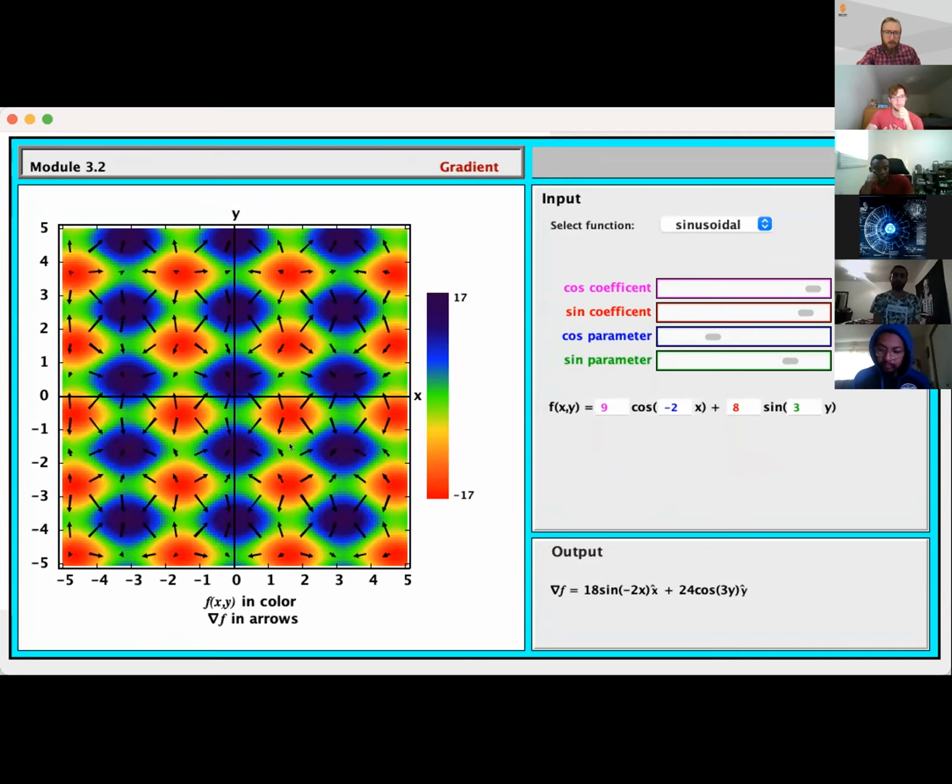One more question: what areas is this function changing the least rapidly? Let's see. It's changing the least rapidly in that green section and then also on the top of the red. Yeah.